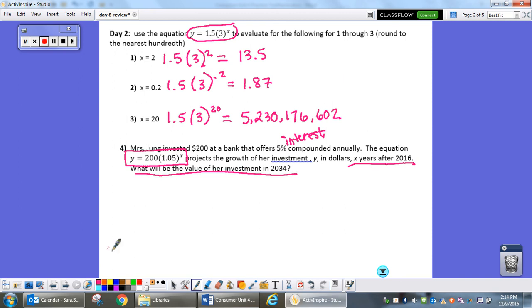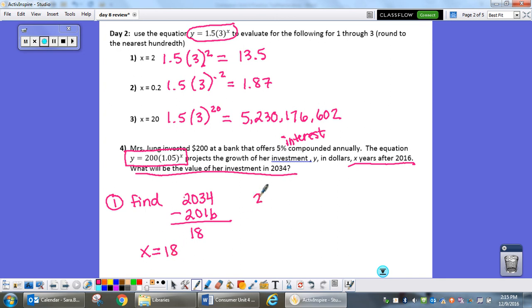The first step you have to do is find x. To do that, you have to think how many years is 2034 after 2016? You could just subtract and realize that that is 18. Okay? So your x is going to equal 18.